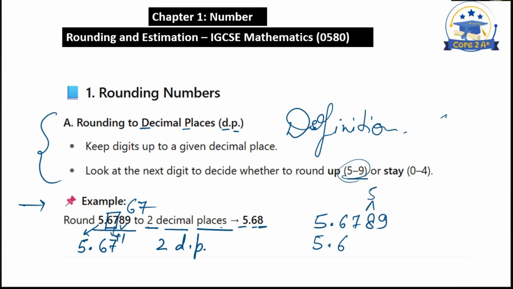So if we have a number which is greater than 5 but less than 9, what will we have to do? We have to add 1 to the number just before it. 7 plus 1 we will add. So this number would be 5.68. So your answer is 5.68.